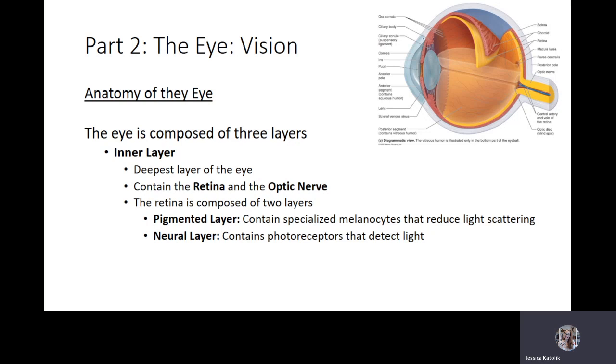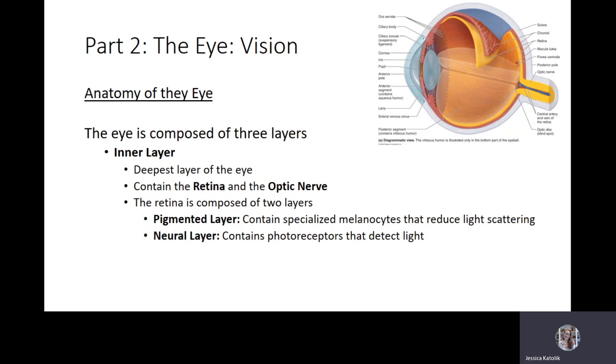And it's also going to contain the optic nerve over here. The optic nerve will contain the axons that will move away from the retina and carry visual information into the central nervous system.